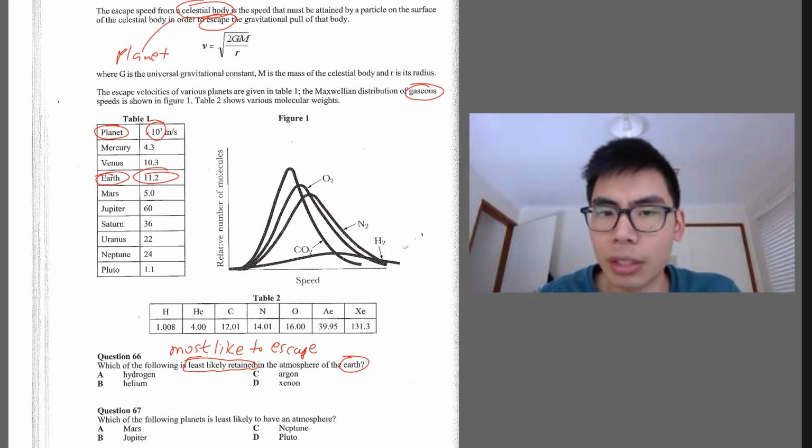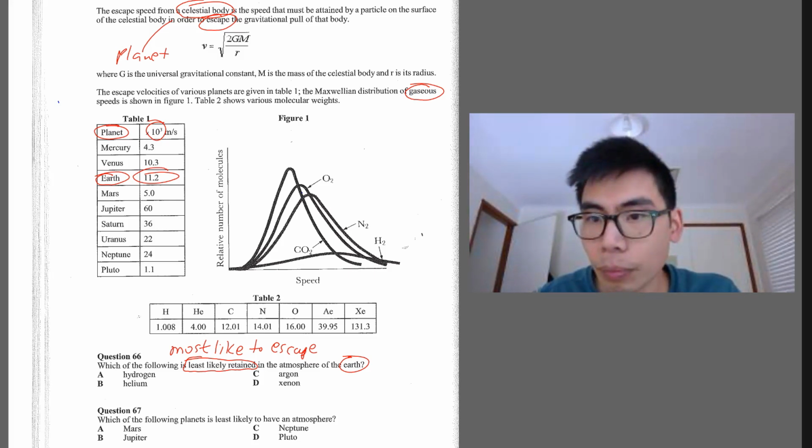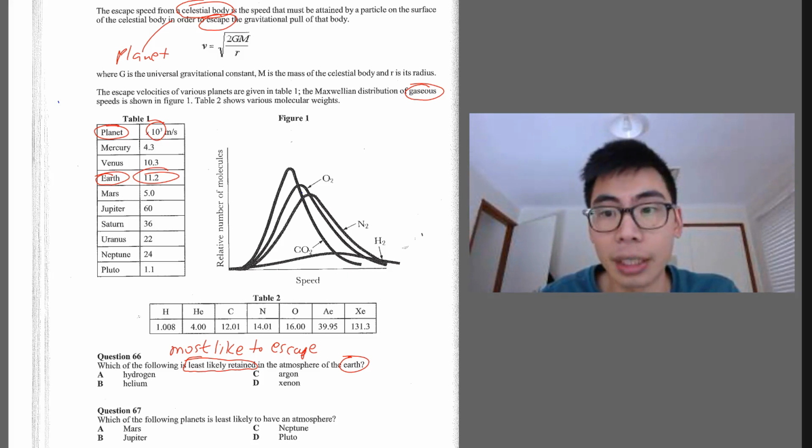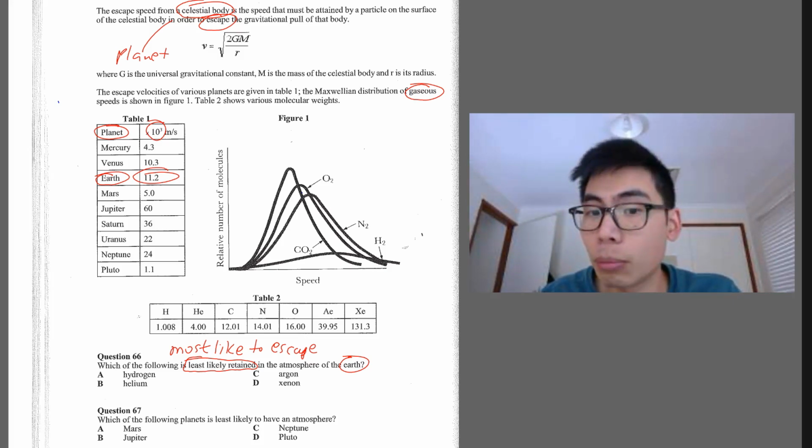So first of all, you should be asking yourself, if we're trying to figure out which one is most likely to escape from the Earth, what would make something more likely to escape in general? And hopefully you can see that it's got to do with speed. A particle has to be able to reach a certain speed. And the one that's most likely to escape is going to be the one that's the fastest.